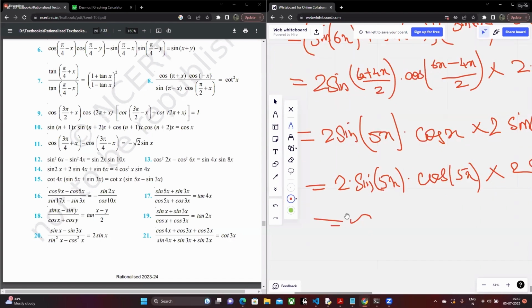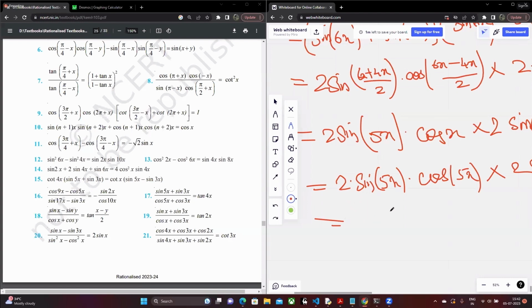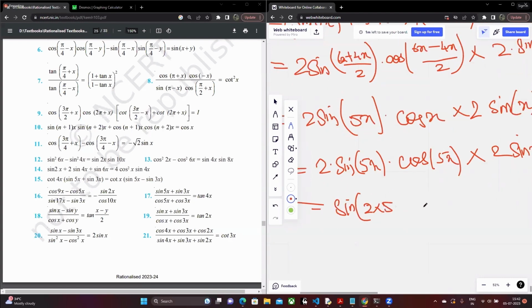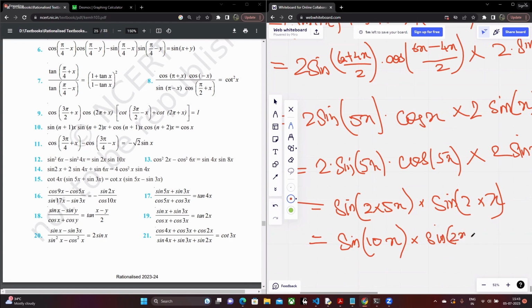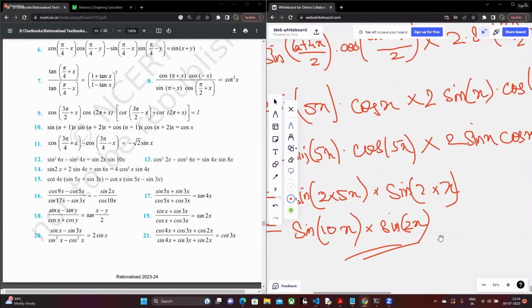This is sine of 2 into 5x into sine of 2 into x, which is equal to sine of 10x into sine of 2x, which is the right hand side.